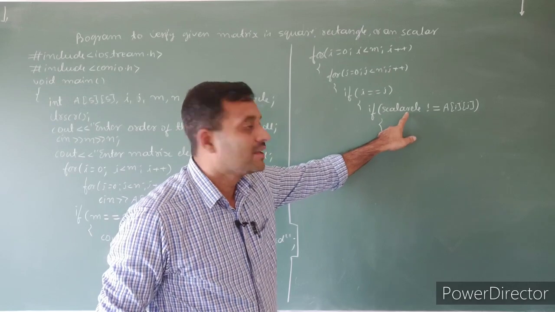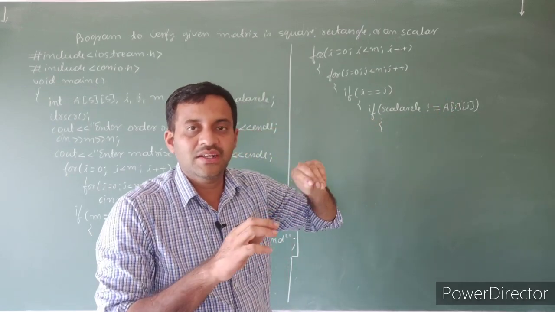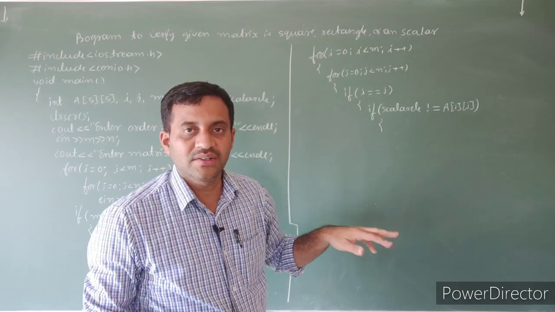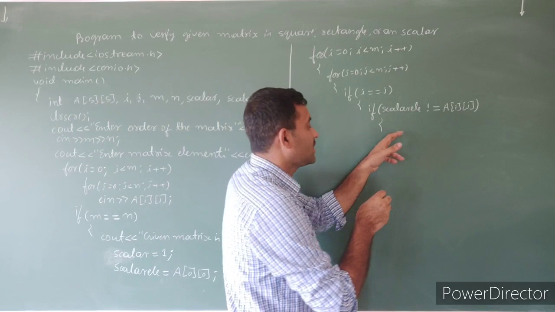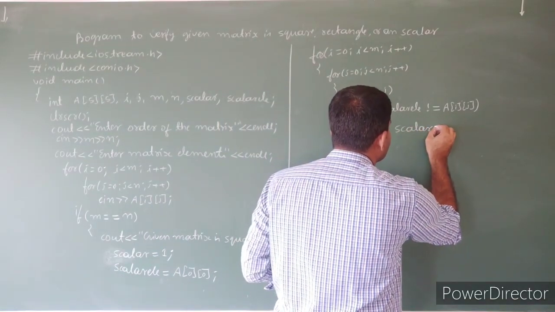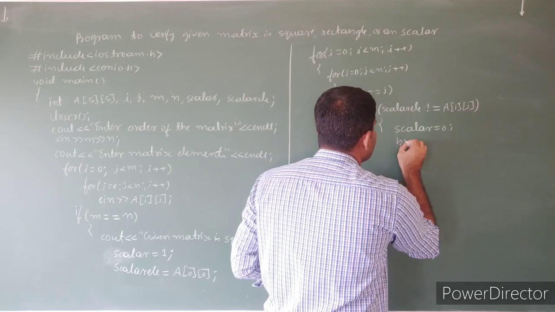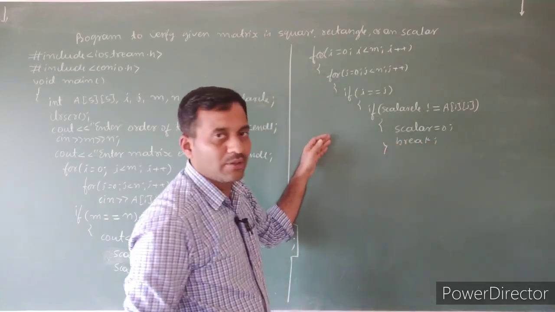Here we verify scalar element is not equal to a of i j, which means principal diagonal elements are not equal. This is the condition for principal diagonal elements not being equal. If it is not equal, our assumption is wrong. So reassign scalar equals 0 and insert break. It is not necessary to access the next element.